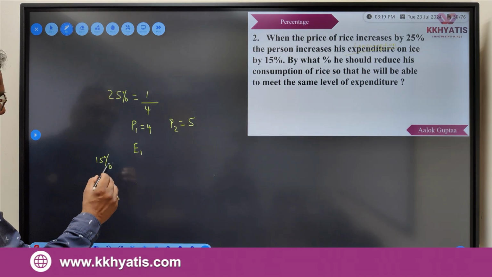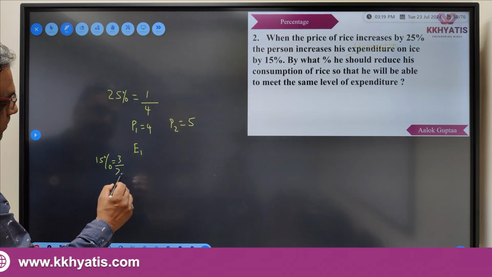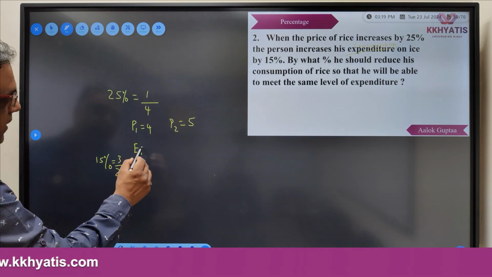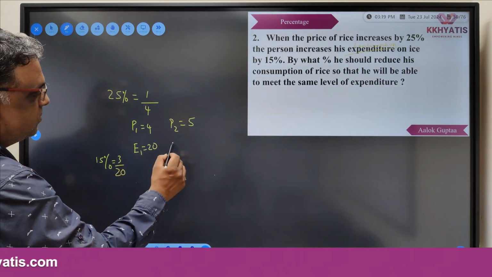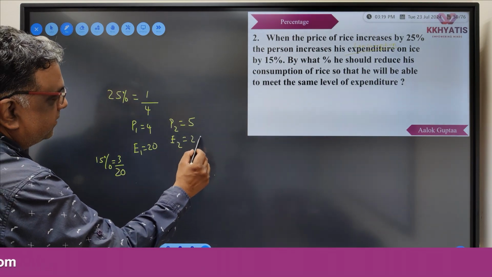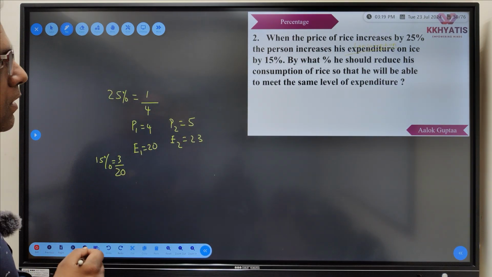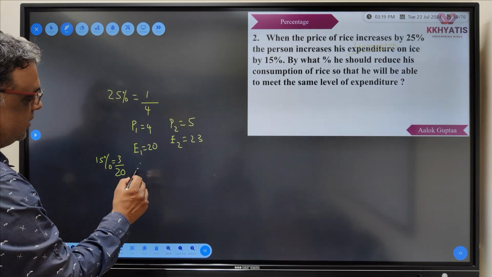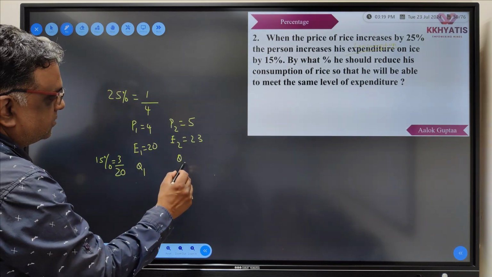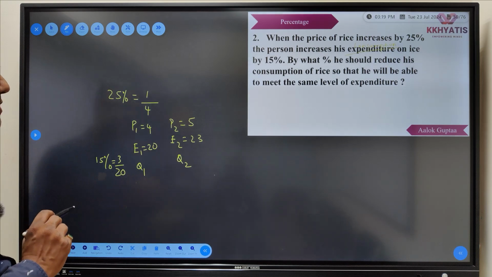Now expenditure. Let us say my expenditure increased by 15%. 15% means 3 by 20, which means my E1 was 20, it increased by 3, so my expenditure became 23. Now let us say my consumption earlier was Q1 and my new consumption is Q2.